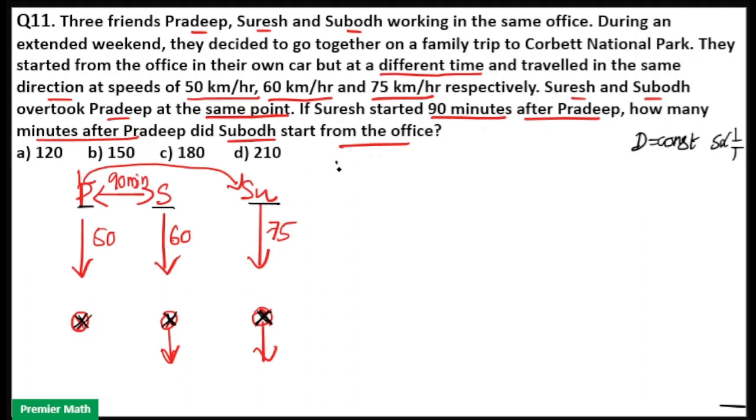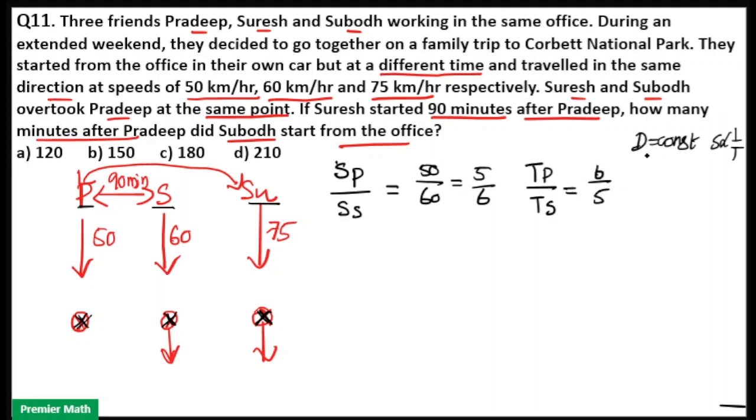So here I will take the speed of Pradeep and speed of Suresh. That is equal to 50 by 60, that is 5 by 6. Then if you take time of Pradeep divided by time of Suresh, that is equal to the reverse of the speed ratio, that is 6 by 5, because distance is constant here. Here, the difference between 6 part and 5 part is equal to 1 part.